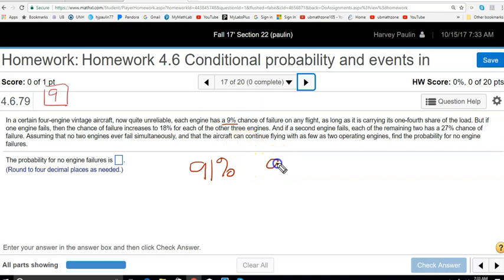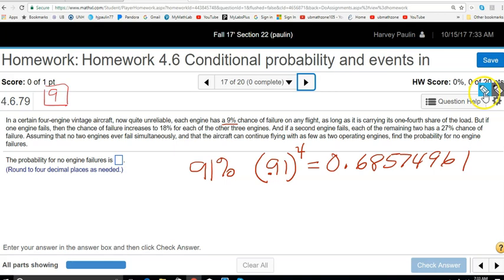Now, how many engines do we have? Well, we have 4. Now, remember, this is actually 0.91 when we converted it from percentage to a decimal. So put that in your calculator and see what you get. When I put that in my calculator, I got this. So again, the rules for rounding, we go 4 decimal places.